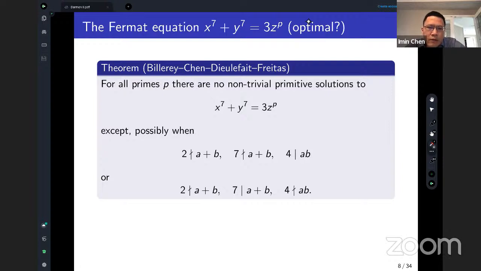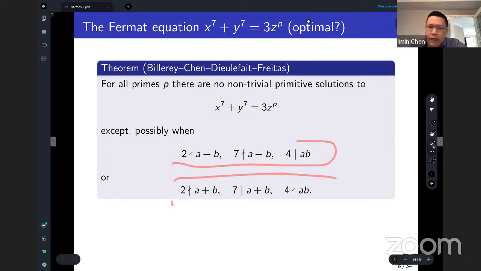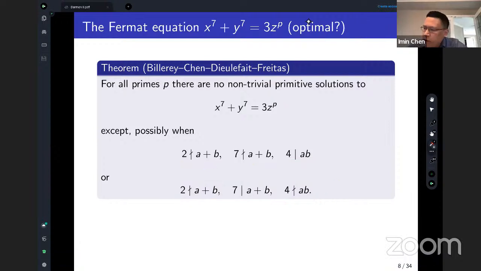And it turned out that we can carry it out in those cases where the spaces of Hilbert newforms are not too large. And these are the 2-adic and 7-adic conditions which allow a proof which is optimal. And in this case, we expect for all primes that this equation doesn't have any non-trivial primitive solutions.